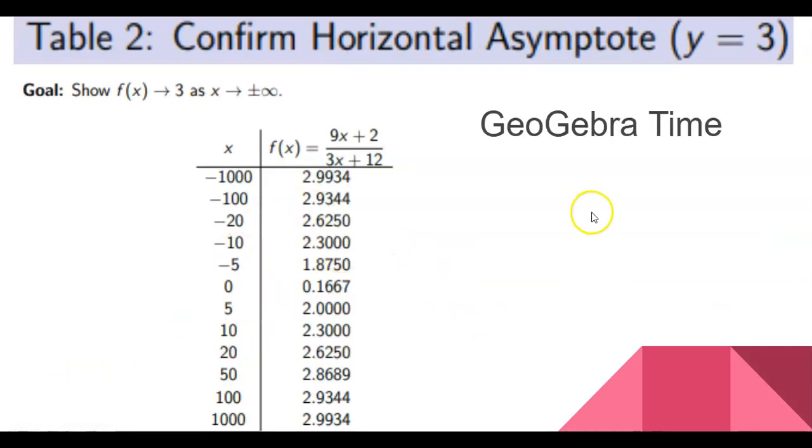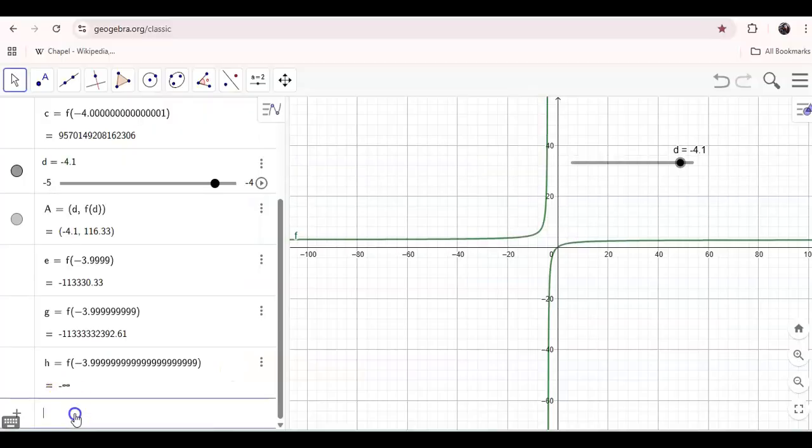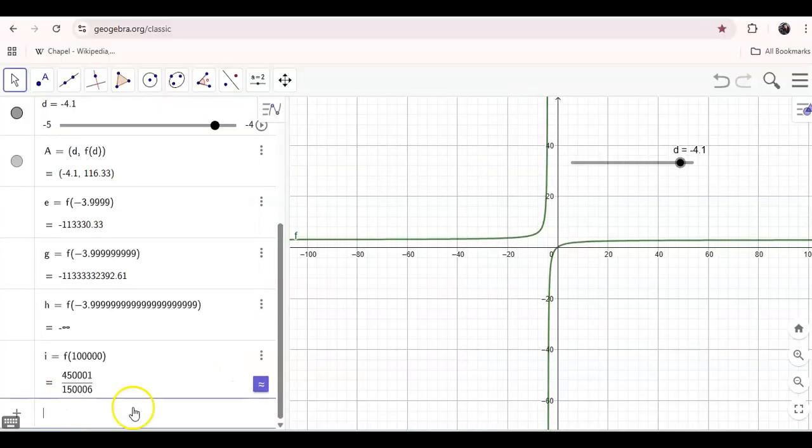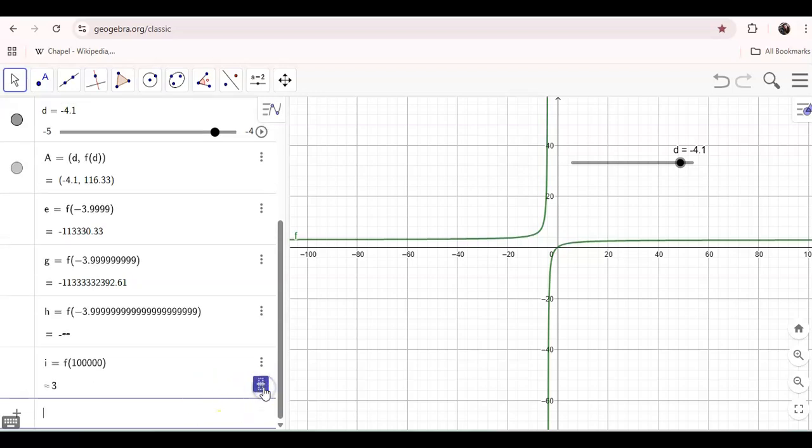Alright, so it's GeoGebra time, but before that, here's the table of values. As you can see, from 0 to -1, the y values approach 3. And then from 0 to 1000, the y values approach 3 as well. Alright, so let's have 1000, this value. What's the value of y?